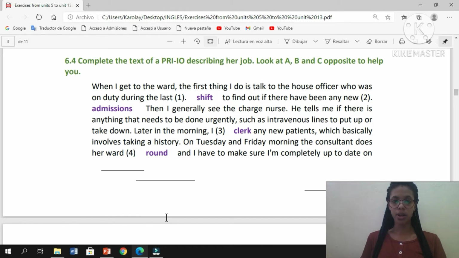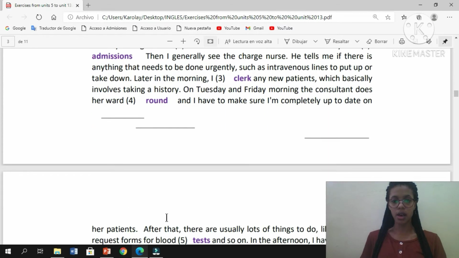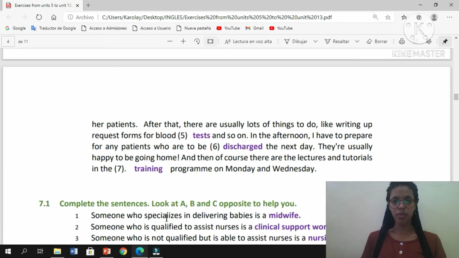Later in the morning, I see any new patients, which involves taking a history. On Tuesday and Friday mornings, the consultant does her ward round and I have to make sure I'm up to date on her patients. After that, there are usually lots of things to do, like writing referral letters and so on.